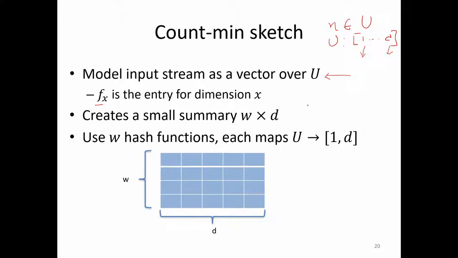Furthermore, the hash creates a summary. This summary, as we discussed, is w times d.